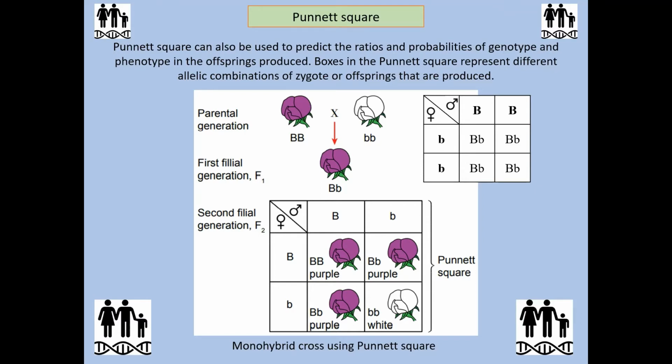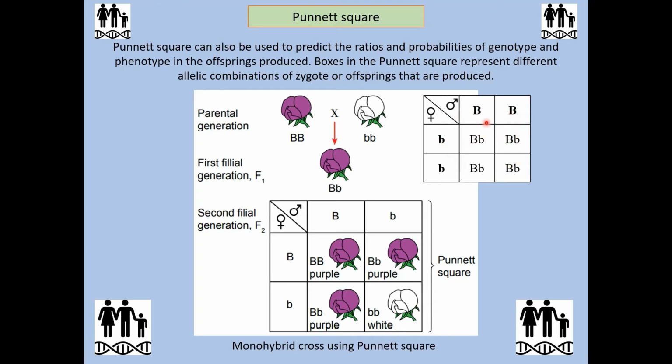Punnett Square. Punnett Square can also be used to predict the ratio and probability of genotype and phenotype in the offspring produced. Boxes in the Punnett Square represent different allelic combinations of zygote or offspring that are produced. Okay, this is parental generations. Okay, this is the box, Punnett Square box.